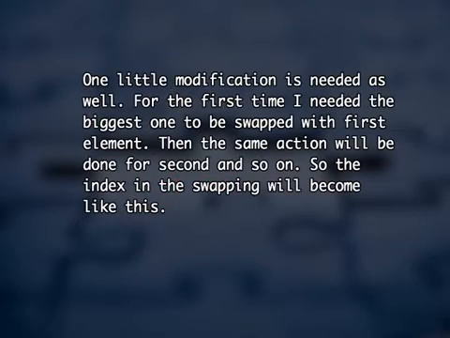One little modification is needed as well. For the first time, I needed the biggest one to be swapped with the first element. Then the same action will be done for the second and so on. So the index in the swapping will become like this.